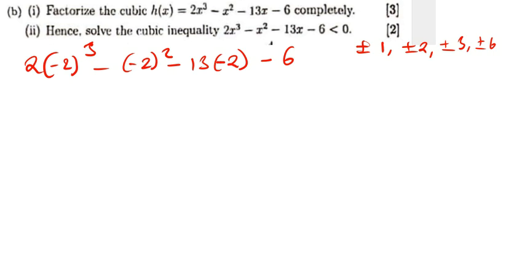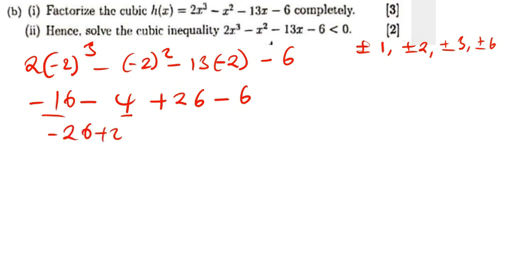Negative 8 minus 4 is negative 12, and this will be positive 26, and this is minus 6. So negative 12 plus 26 minus 6 gives me 0. So x should be equal to negative 2.